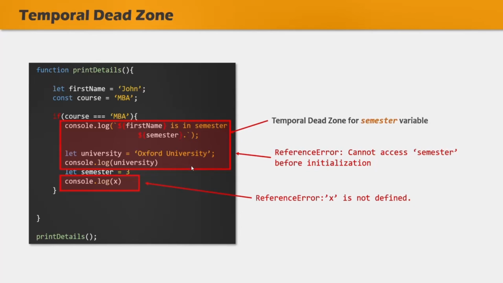A temporal dead zone is basically the area from the start of the scope till the line before that variable is declared. The main reason that the temporal dead zone was introduced in ES6, with the let and const keywords, is to overcome the issue with variables declared using the var keyword, because using a variable which is set to undefined can cause serious bugs which might be hard to find.